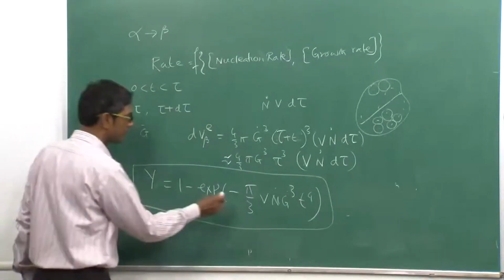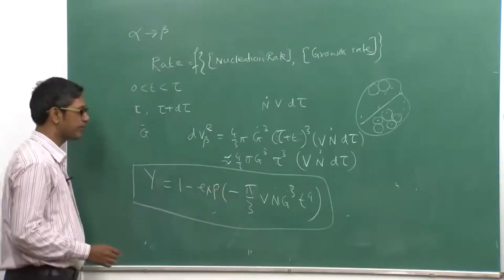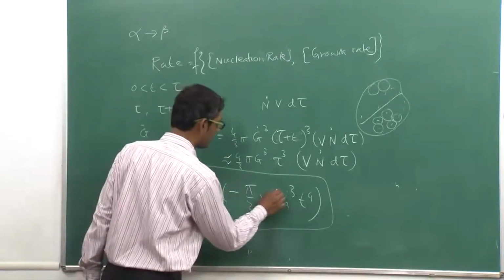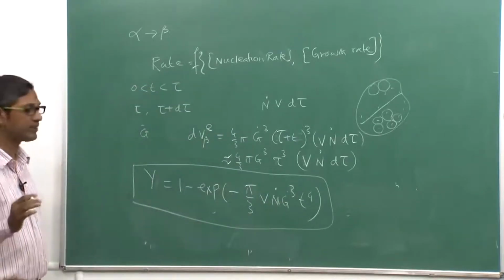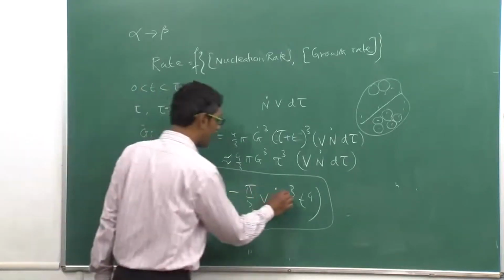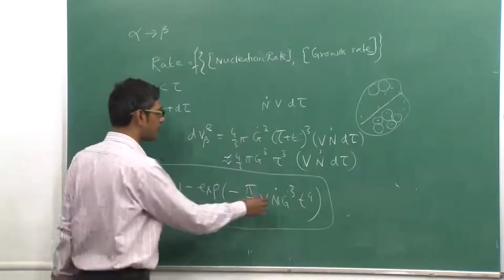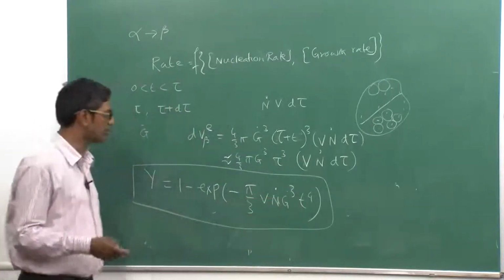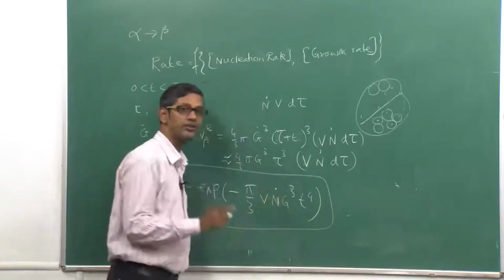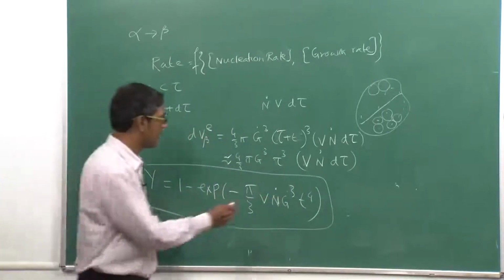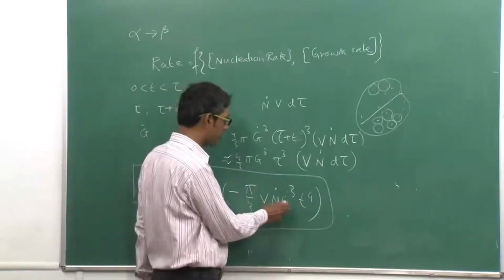Remember, this is a fraction, because it's exponential minus term, and n dot is always a very small number, 10 to the power minus 30, minus 40, and G dot is also a very small number. Depending on the type of process you can modify this expression. Nucleation rate can be easily obtained from heterogeneous or homogeneous type, but growth rate will depend upon what kind of process is going on.